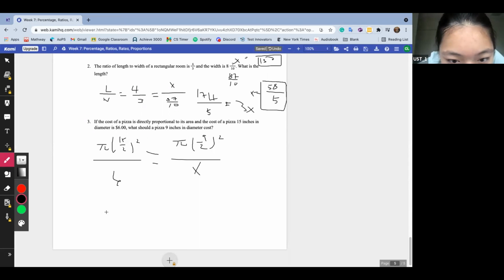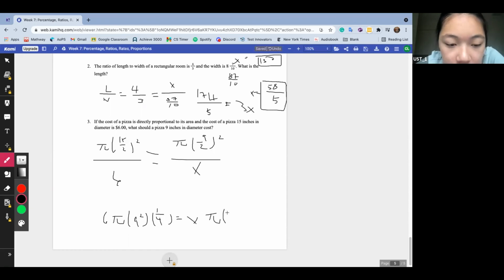So we simplify, we'll get 6 pi times 9 squared times 1/4 equals x pi times 15 squared over 4, which is 15 squared times 1/4.